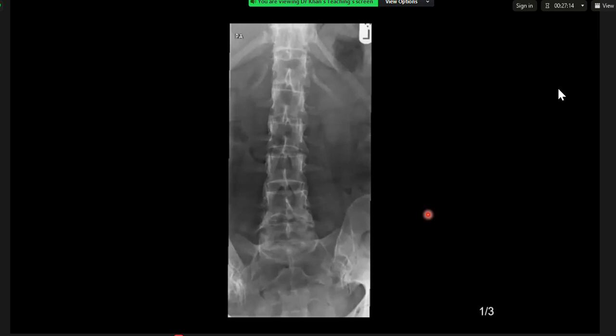Okay, so this is a frontal radiograph of the lumbar spine. Okay, so there's no scoliosis. On this frontal view, the vertebral body heights are normal.